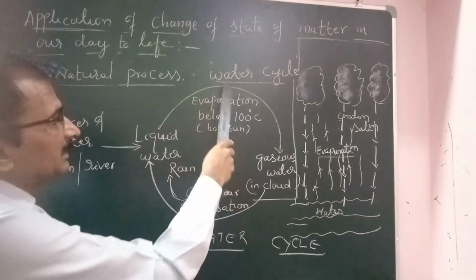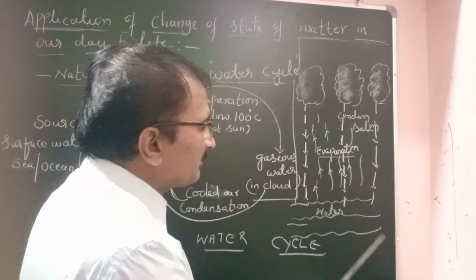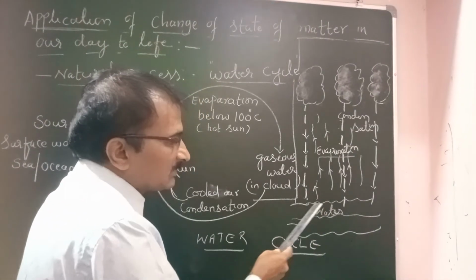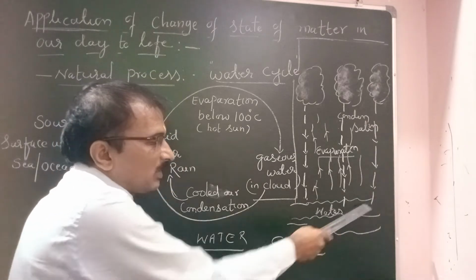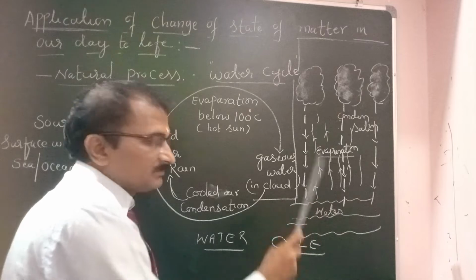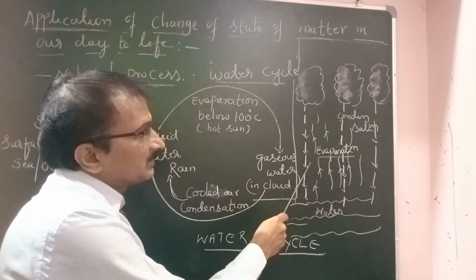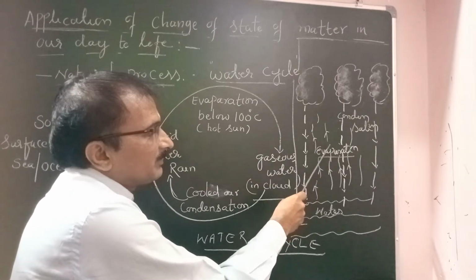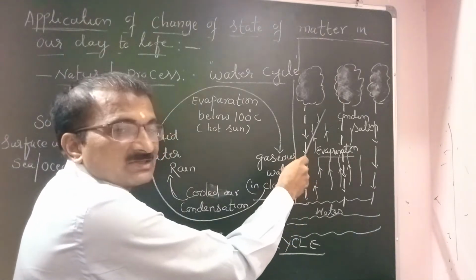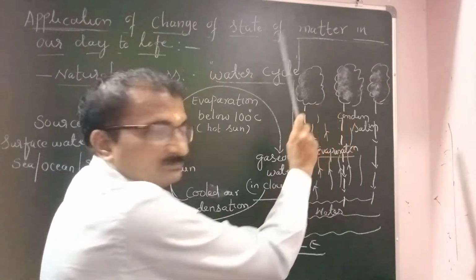So hence it is called the water cycle. We can show it by the diagram. These are the sources of surface water, like sea water or river water, which on evaporation in the presence of the sun get evaporated as water vapor and are held in the atmosphere as water vapor in the form of a cloud.